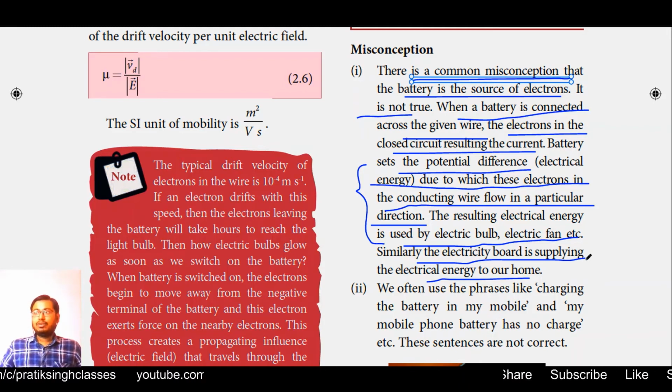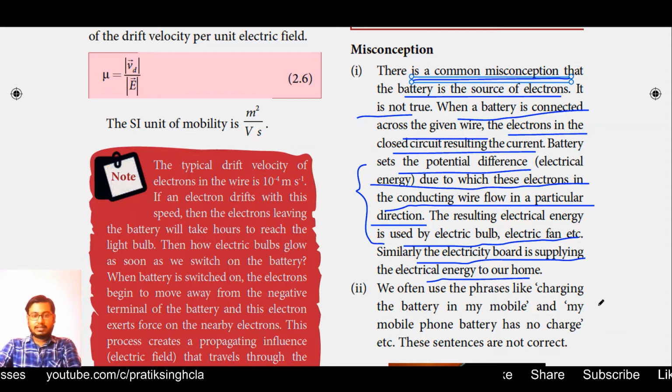Now you can ask, sir, when there is no wire running back from our home to the powerhouse, how can we say the circuit is connected? Here you have to imagine the grounding. The grounding makes the circuit a closed loop.